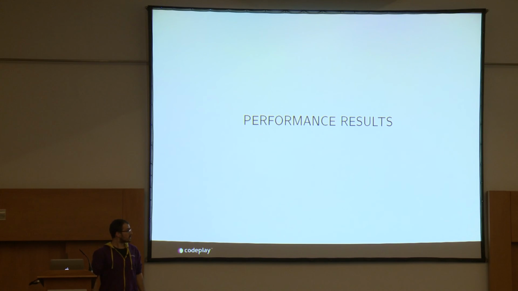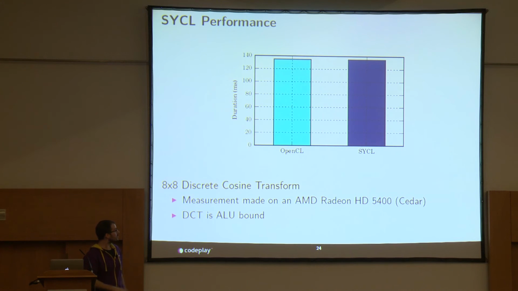Some performance figures. This is the easiest one. I've taken from the AMD APP SDK the discrete cosine transform. I converted it into a SYCL kernel.